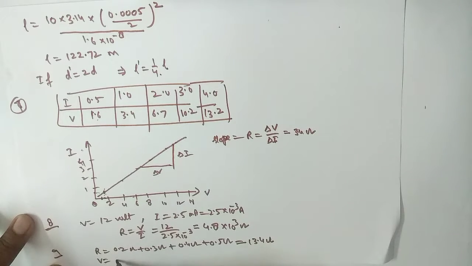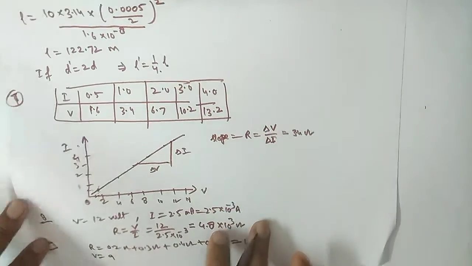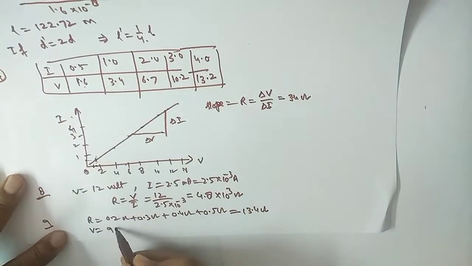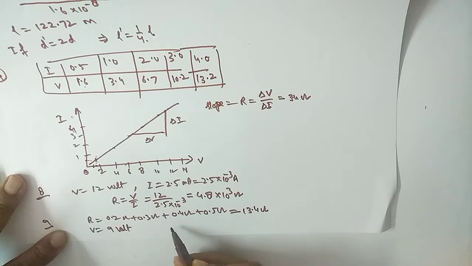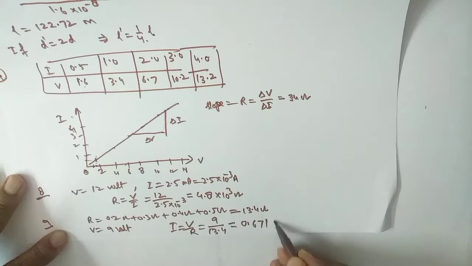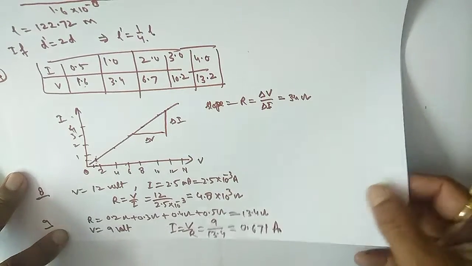V is already given, 9 volt. So I is equal to V upon R, that is 9 upon 13.4, so it will be 0.678 ampere.